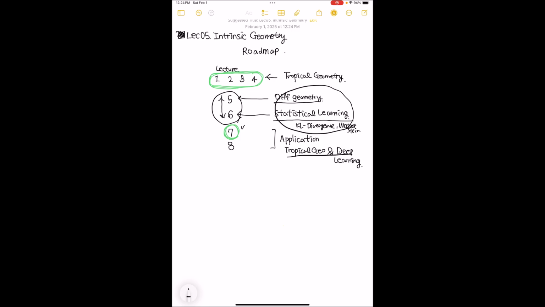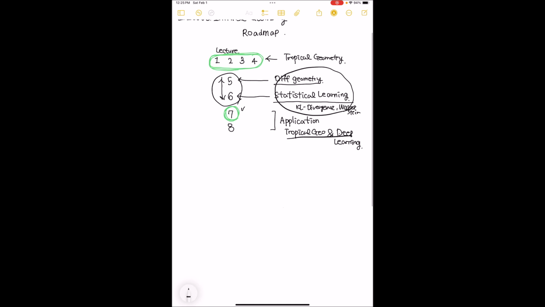In this lecture, I will roughly introduce what is a manifold, what is a differential manifold, what is a Riemannian manifold, and based on this, I will talk about what is intrinsic geometry, the so-called local isometry, the main topic of the lecture.